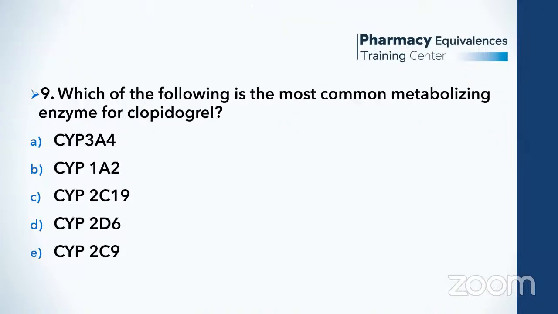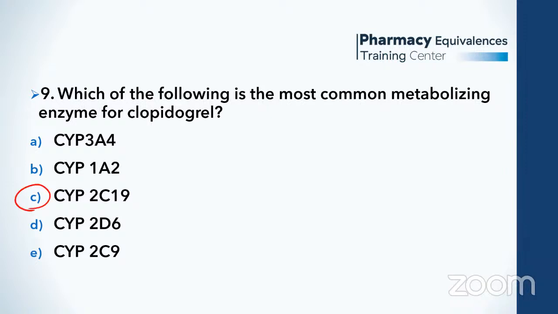Okay. Let us see the next question. Which of the following is the most common metabolizing enzyme for clopidogrel? Clopidogrel is a prodrug. Okay, it should be converted to its active metabolite by the effect of cytochrome 2C19.